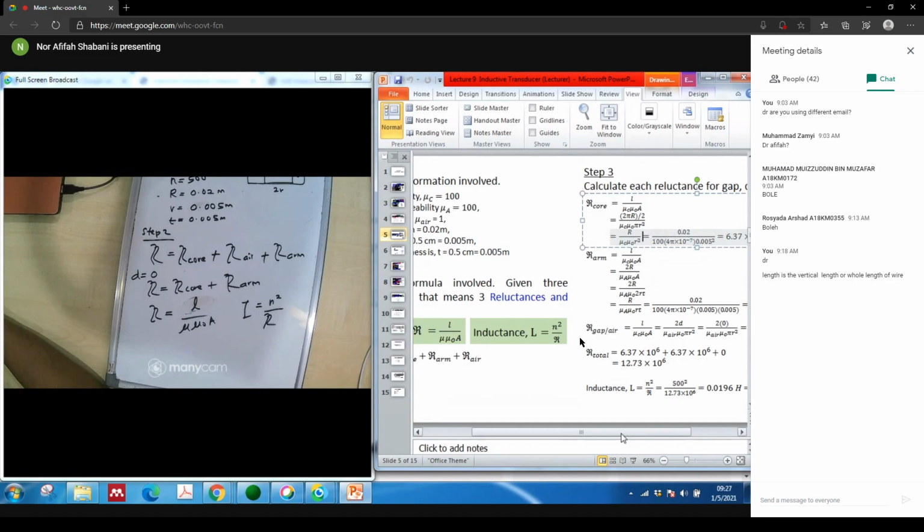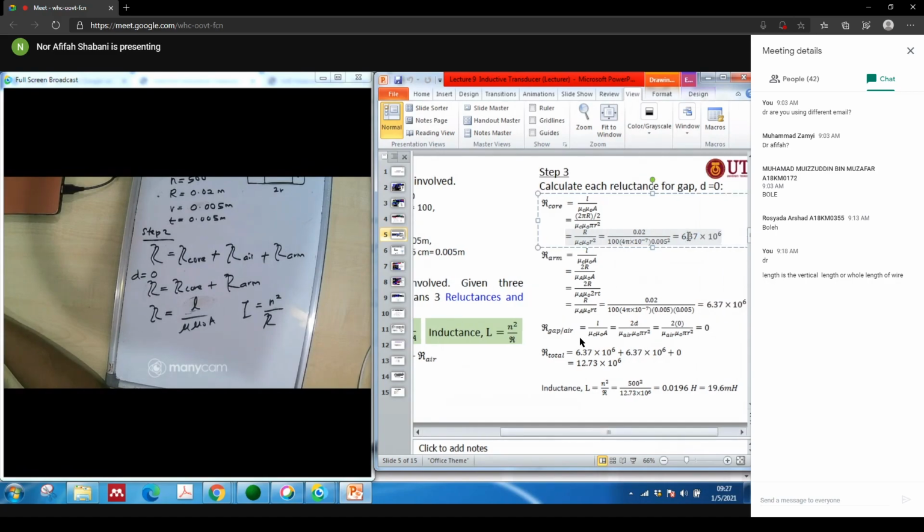And then after that you calculate, you got it, the reluctance for the core is 6.37 times 10 to the power of 6 here. Then you calculate for R arm.